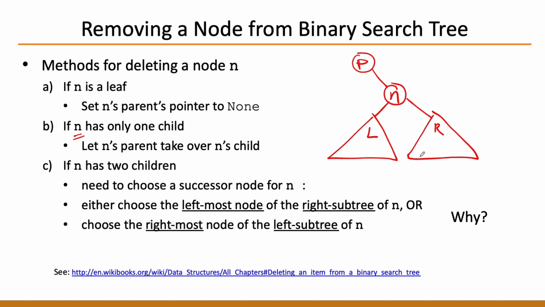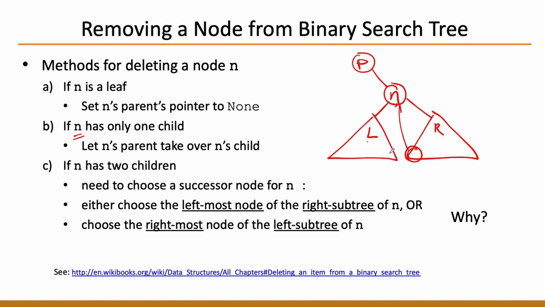To ensure that, what you need to do is find the smallest element in the right-hand side tree, which is the leftmost node. The leftmost node in the right-hand side tree will be the smallest element in the right subtree. If you use this to replace n, then it is guaranteed that this new value will still be greater than everything to the left, but smaller than everything to the right.